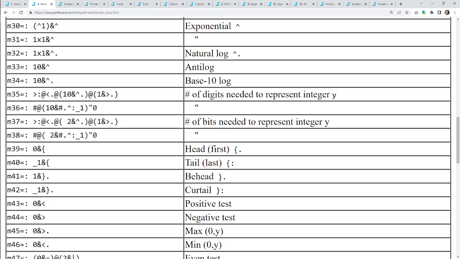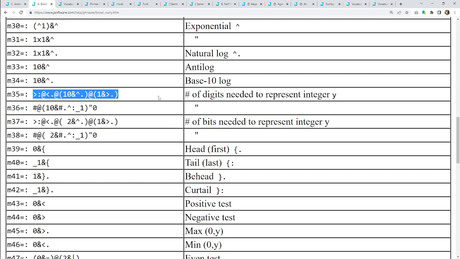So for instance, if I have 10 log 2,000, the answer is going to be 3 point something, right? And this symbol, less than dot, is the floor. So the floor of 3 point something is just 3. And then I'm going to increment it by 1, and that's going to tell me that in the number 2,000, there are 4 decimal places.